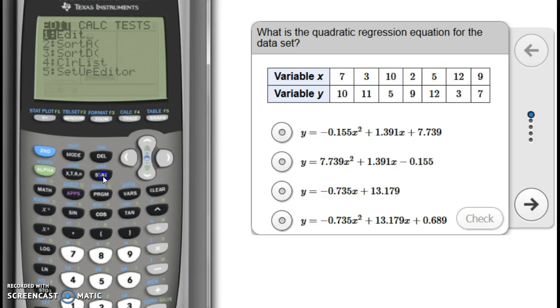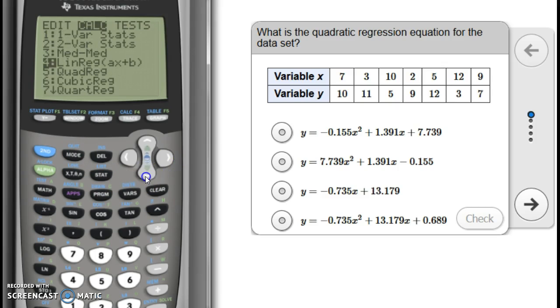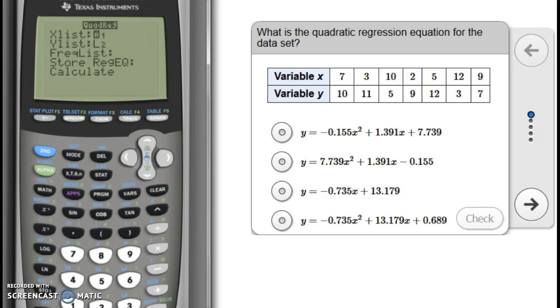After that, we simply go back to Stat. This time we're going to calculate, and we want to calculate a quadratic regression. So we go to number 5. Our lists are in 1 and 2. And there it is.